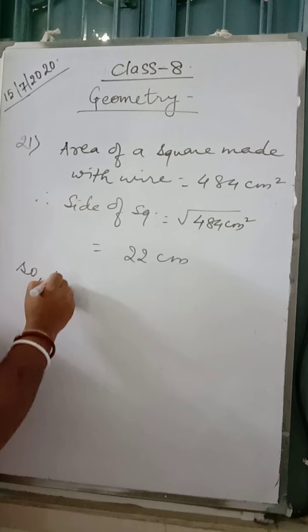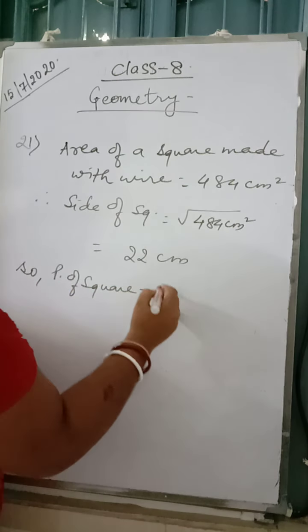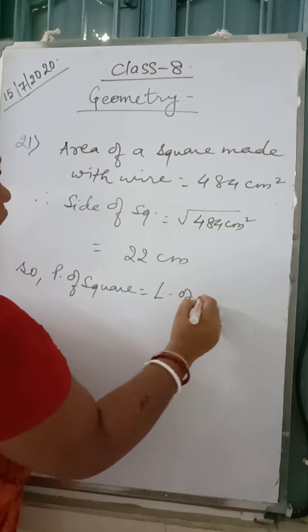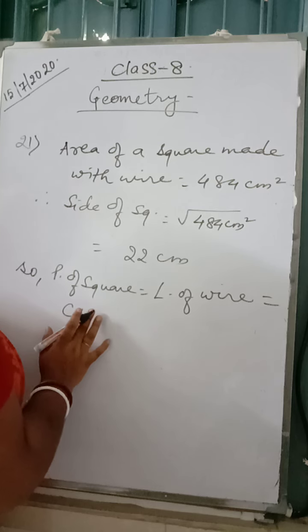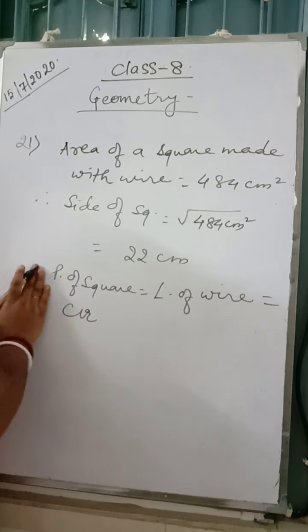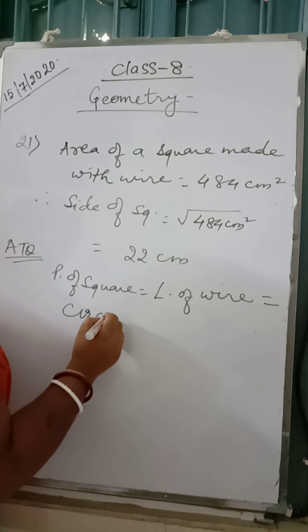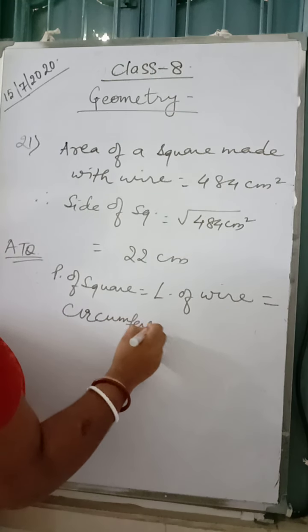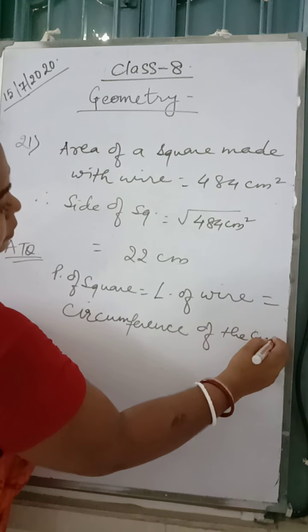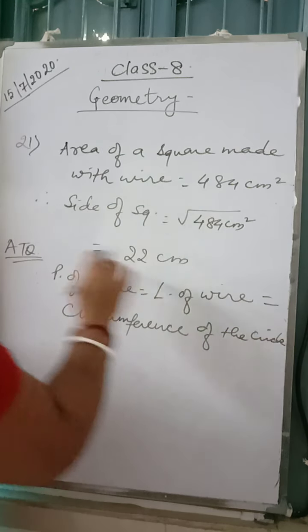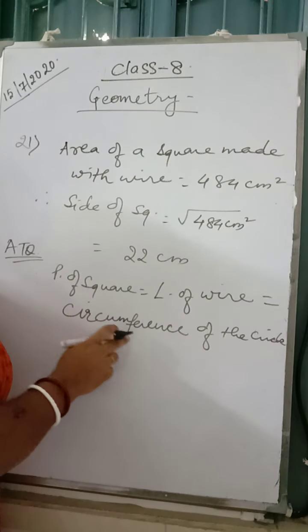So perimeter of a square is equal to length of wire is equal to circumference according to the question. Circumference of the circle, as this wire is removed and this is formed again, further it was folded in the form of a circle.